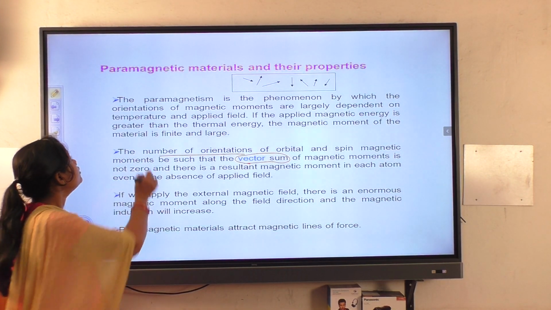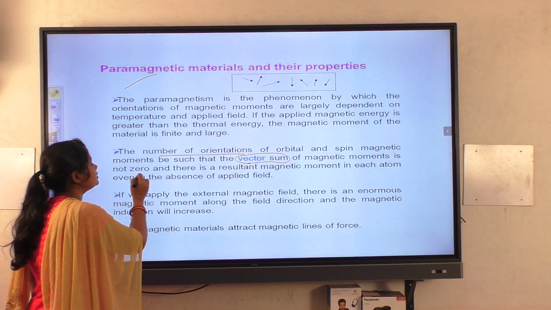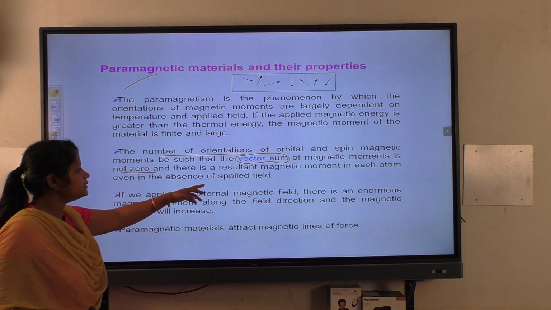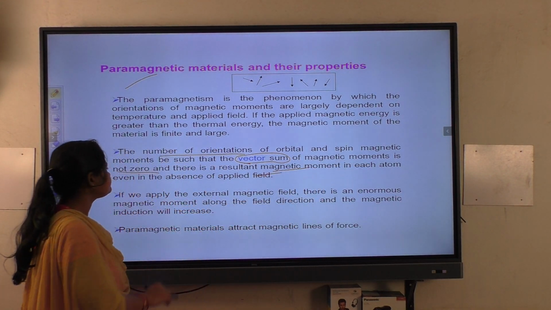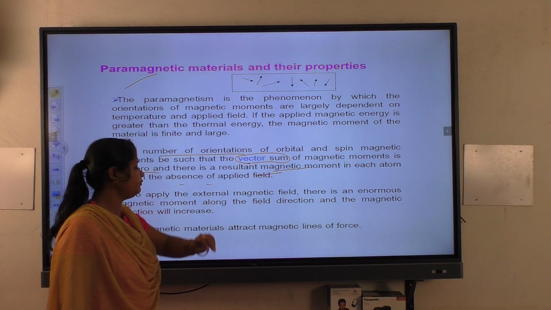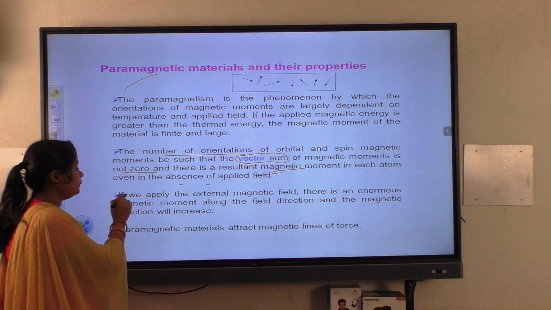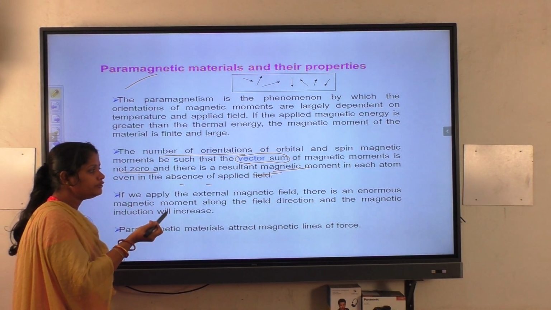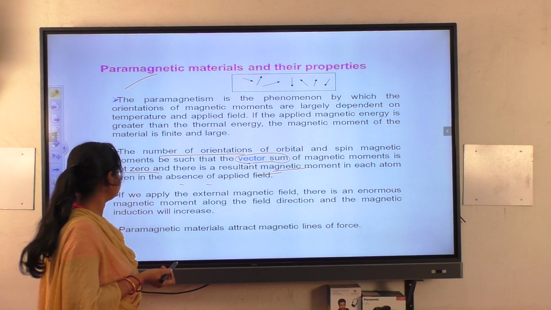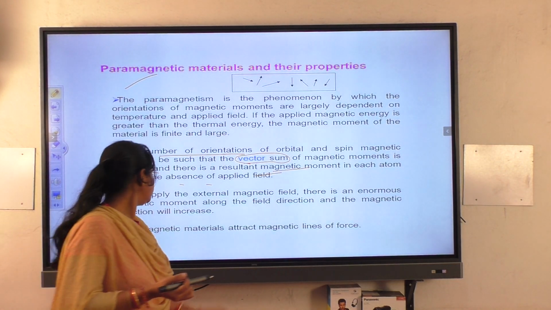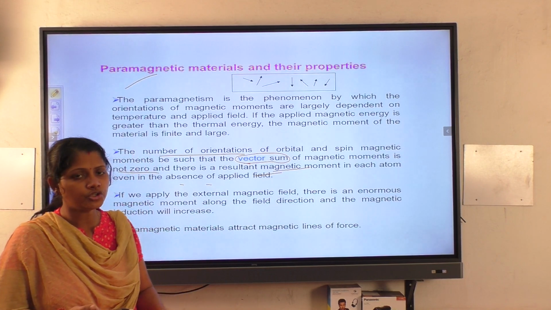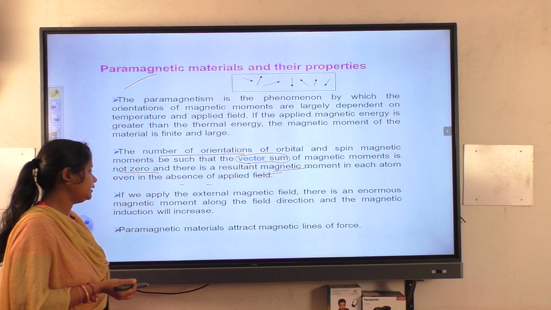But in the case of ferromagnetic material, the vector sum is not zero, and there is a resultant magnetic moment in each atom, even in the absence of an applied field. Then, if we apply an external magnetic field, there is an enormous magnetic moment along the field direction, and the magnetic induction will increase in the case of paramagnetic materials.